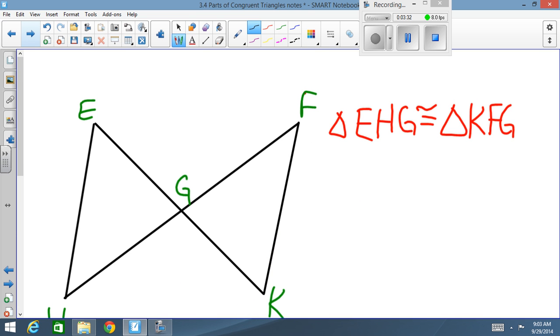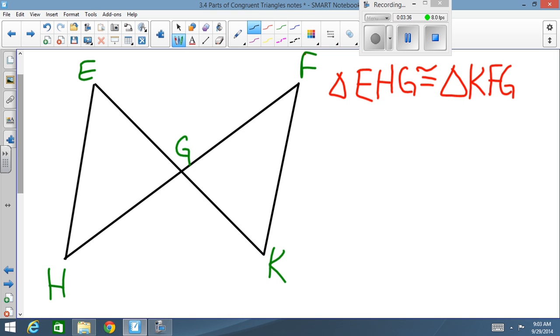If we look at this next example, this picture looks a little differently, but it's still the same idea. EHG is congruent to KFG. Well, let's do sides first. EH comes first, KF comes first.